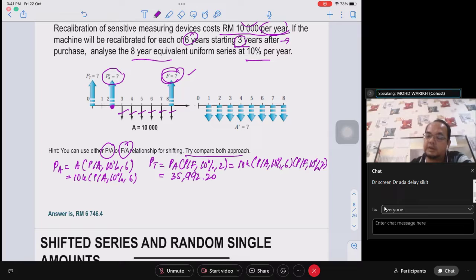How about the A? This one we already discussed in chapter 2.